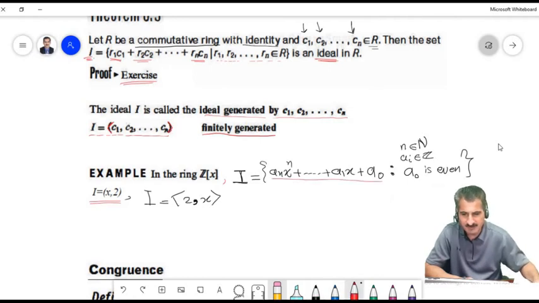If we take any element f of x in I, then it has that form, with a_i even. So a naught, sorry, I can write a naught as 2 times some integer, say b, where b belongs to Z. Okay, so I can write f of x now.